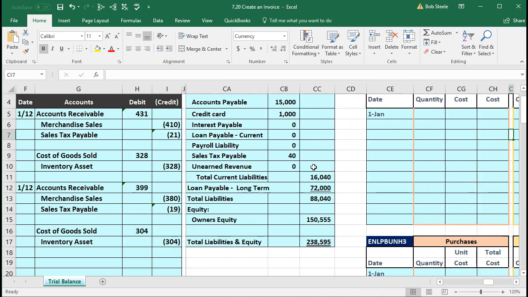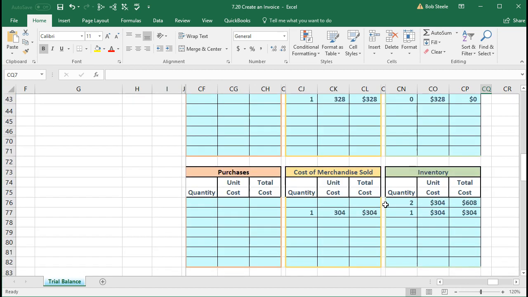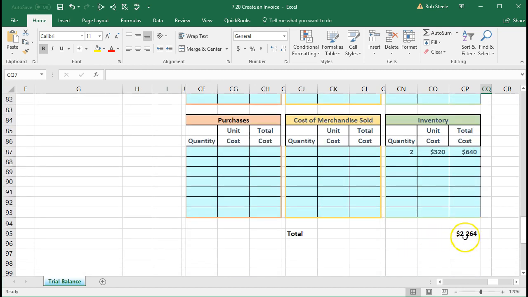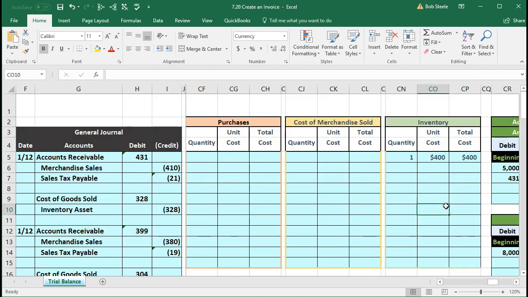I'm just holding down the right arrow just to double check. If we scroll down here and we get to the 2,264, it's off by rounding because of $1, so that's okay. And we're going to say that those two match out. So this is backing up then what is in the account that's on our financial statements for inventory.